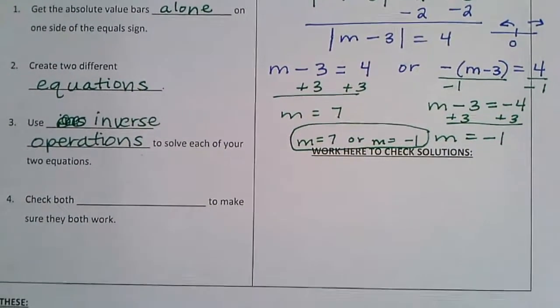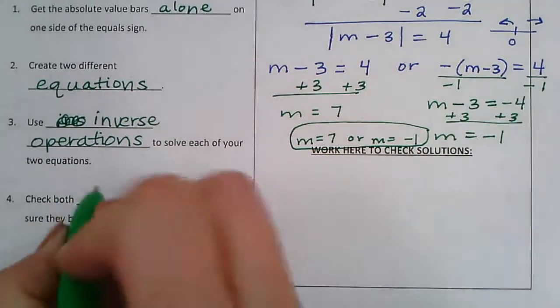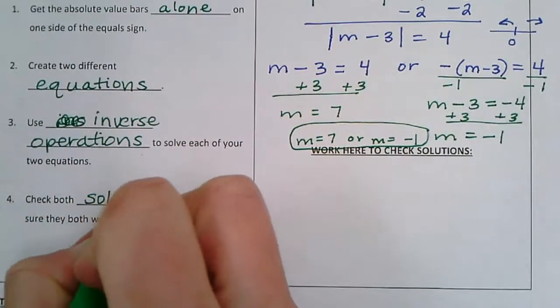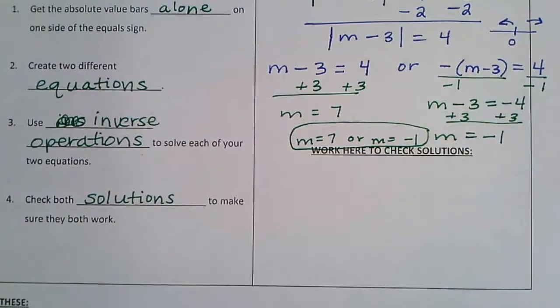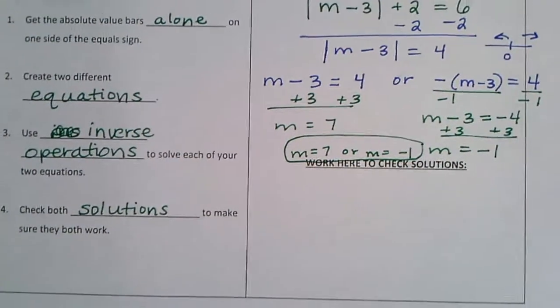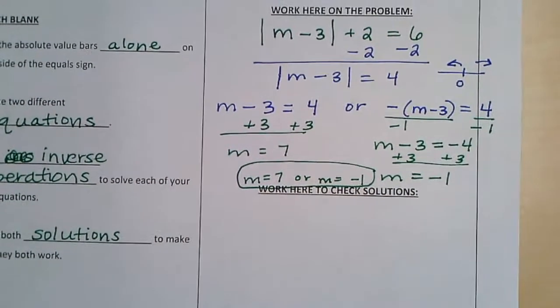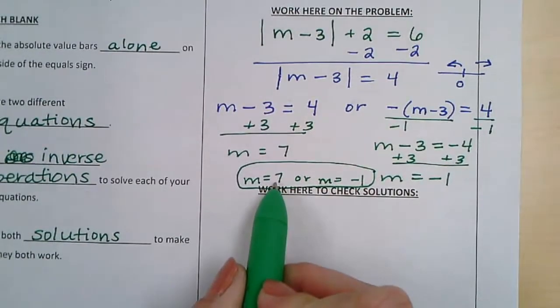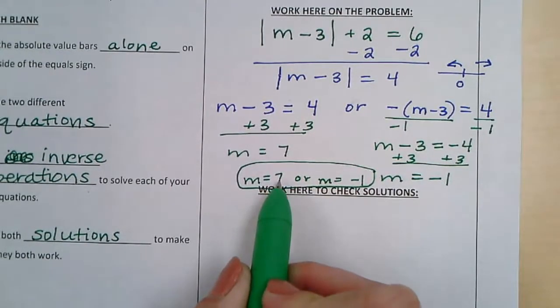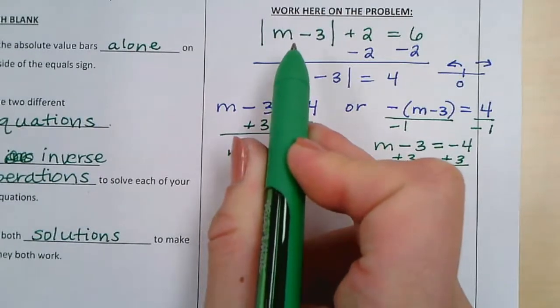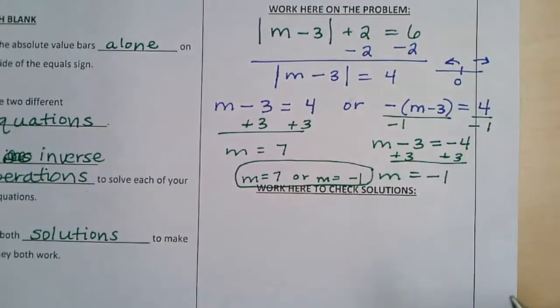Our last step is to check both solutions to make sure they both work. So going back to my original problem, I'm going to try 7 first, and every time you plug something back in for substitution, make sure you put it inside parentheses.